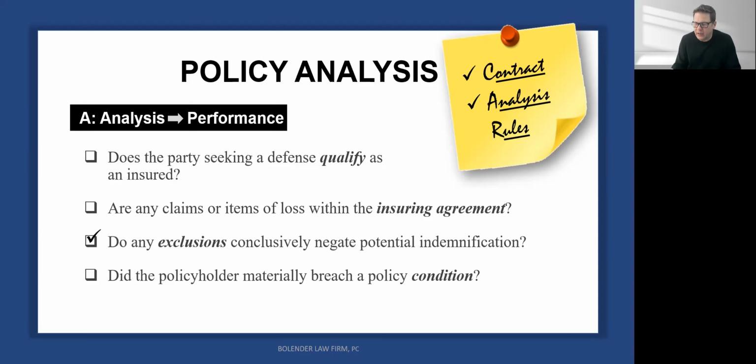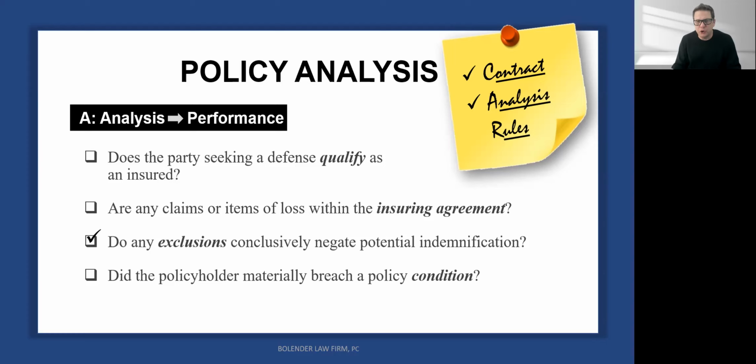We just looked at one. It has several elements. If the lawsuit seeks damages falling within the insurance agreement, the analysis then turns to exclusions. And as we'll see a little later on, exclusions are policy provisions that take away coverage for claims that fell initially within the insurance agreement.